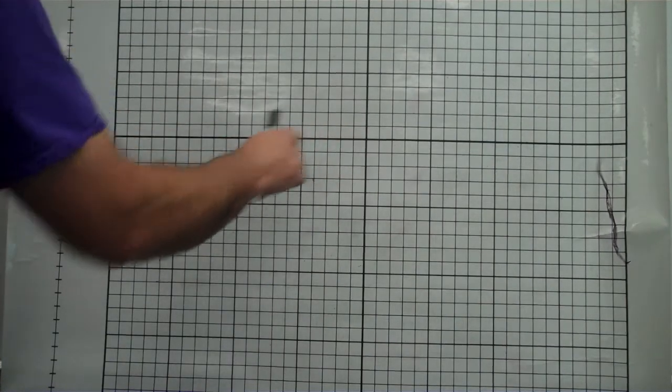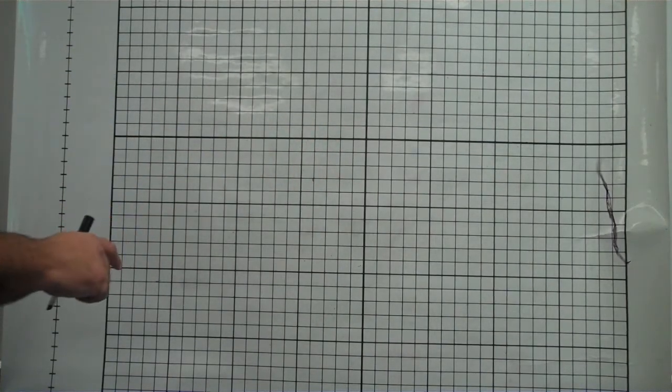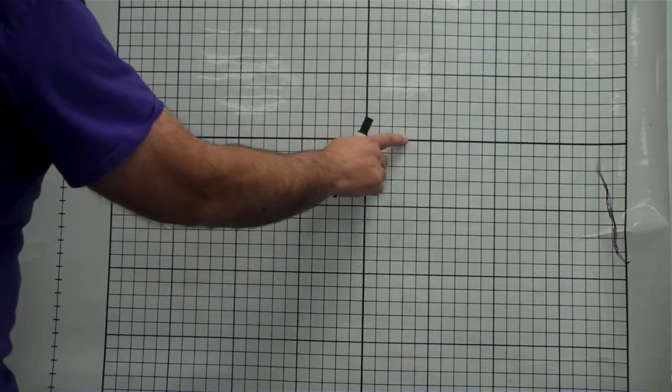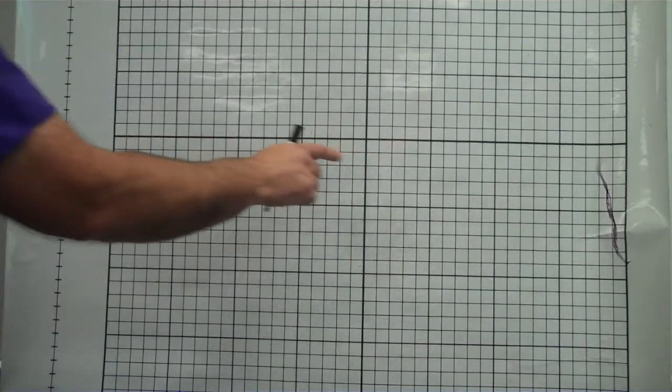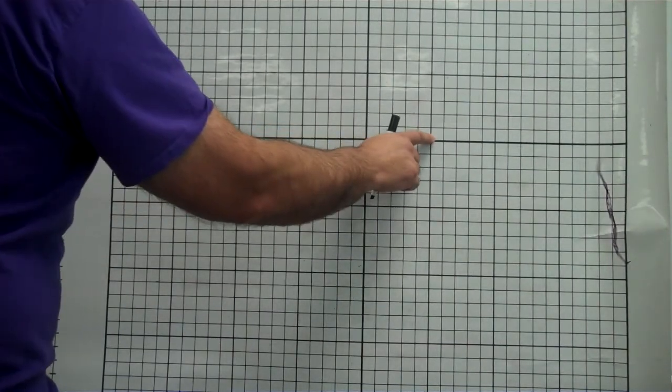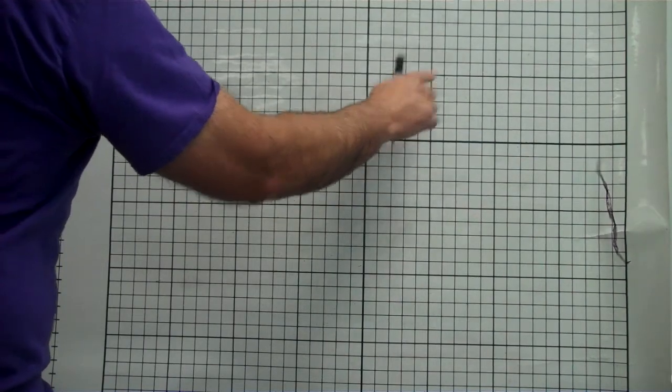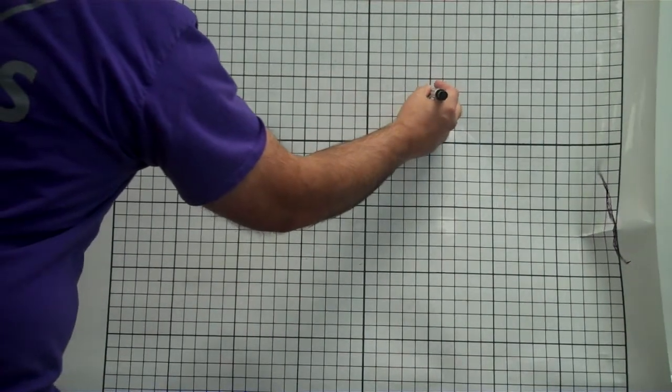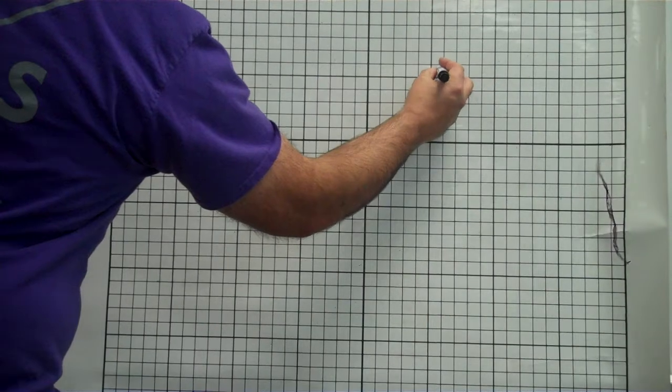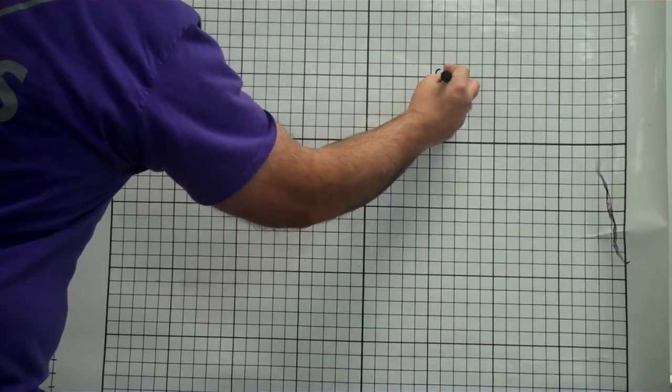So if we wanted to plot point 5, 4, we would start at the origin here, and then count to the right 5, 1, 2, 3, 4, 5, and then we would count up 4, 1, 2, 3, 4. And we put a dot right there and label that 5, 4.